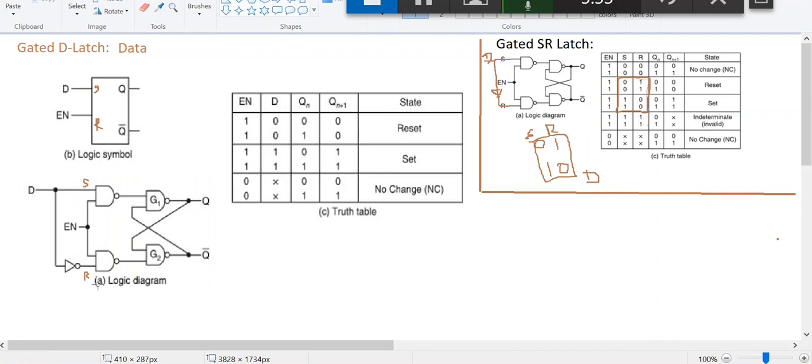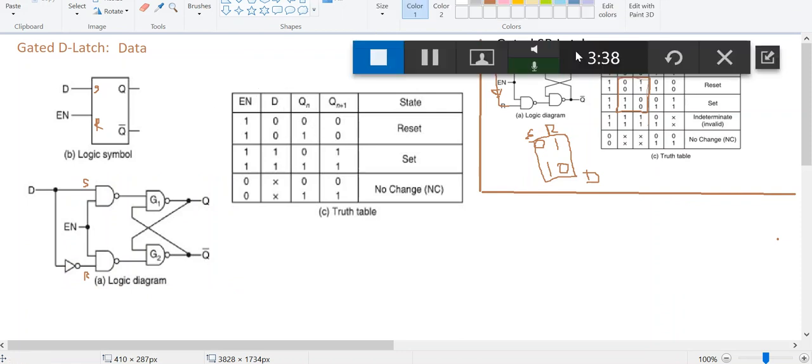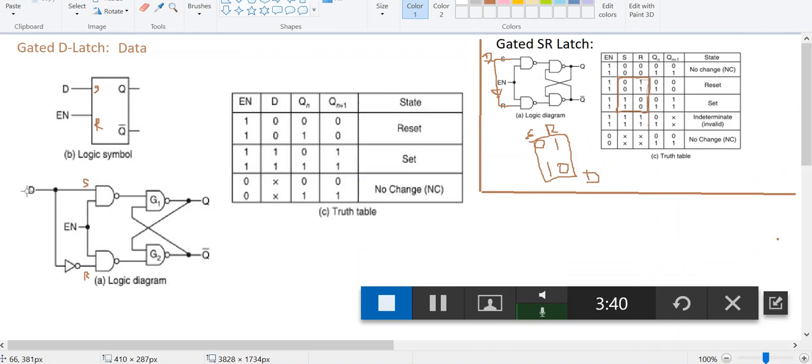Now we can look at the truth table. I will explain how we get this truth table. Let us consider my D value. Initially, I consider D equal to 0. When D is equal to 0, this 0 moves in this direction, and the value will come here as 1, and the 0 is coming directly as it is here.